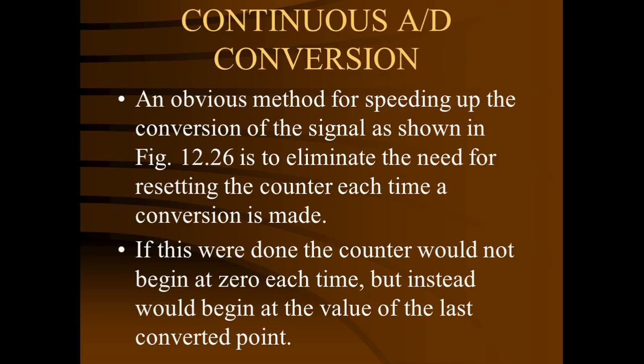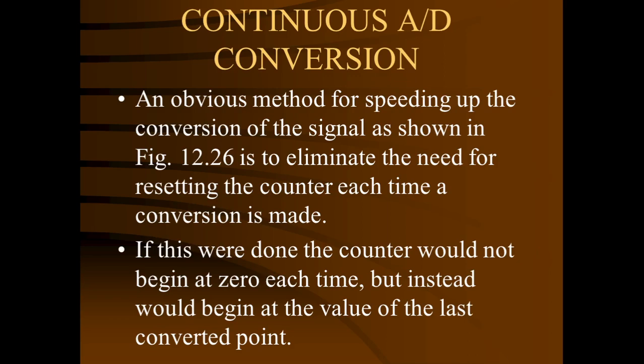The circuit is very simple, but it takes more time compared to the simultaneous converter, because the simultaneous converter converts the analog input signal into digital form in one clock pulse. But here, every time the counter has to be reset to 00 and then start counting up to a particular value.